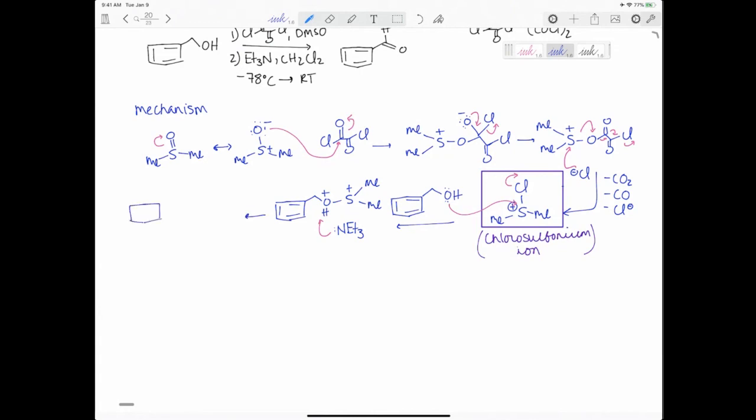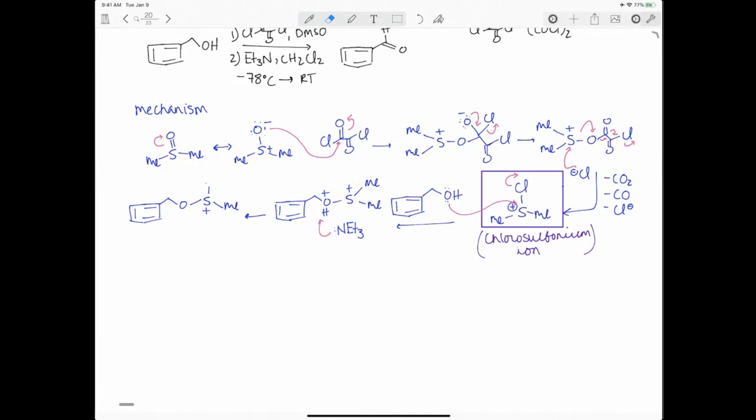You don't need to show what comes out of it. I would expect you to know that for Org 2, but I don't think you need to know that for Org 1. Okay, so now this is a happy molecule. Now we have to figure out how we're going to form the double bond. It doesn't seem like we can form a double bond with anything, but the key lies with the methyl.